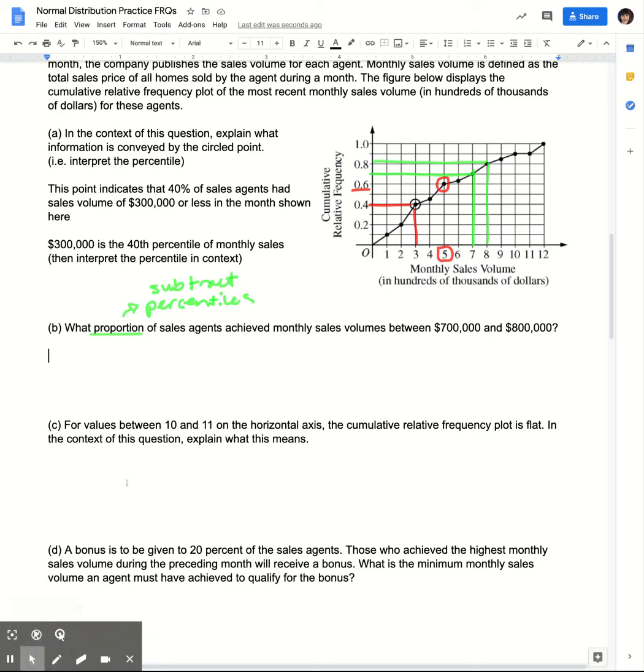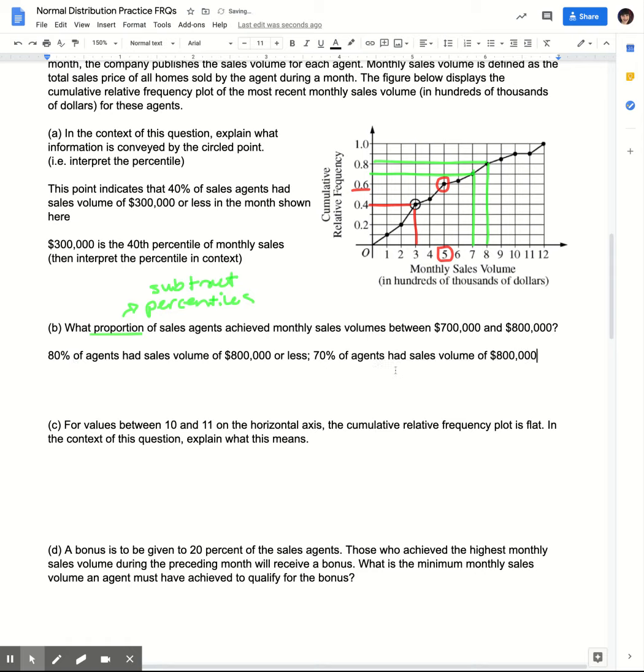If I was to answer this question, I would say 80% of agents had sales volume of $800,000 or less, and 70% of agents had a sales volume of $700,000 or less.